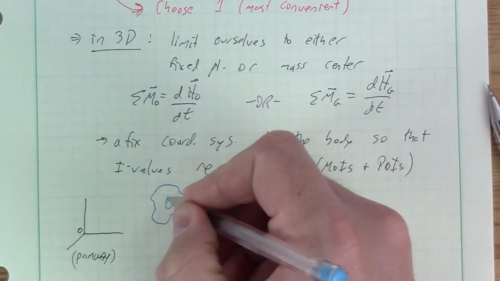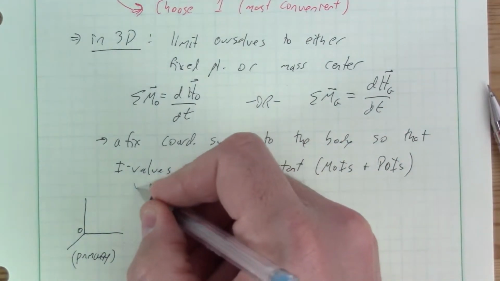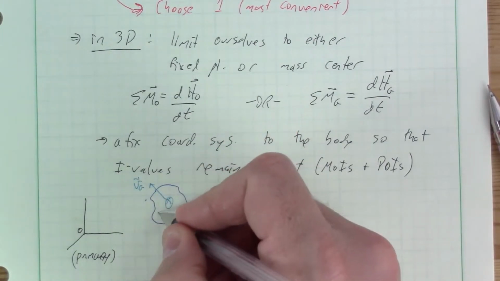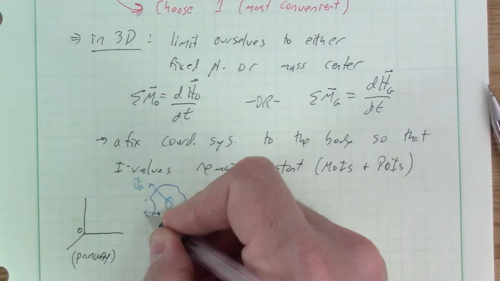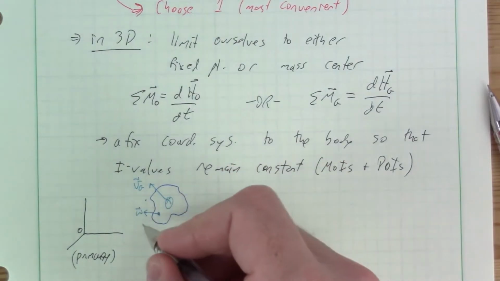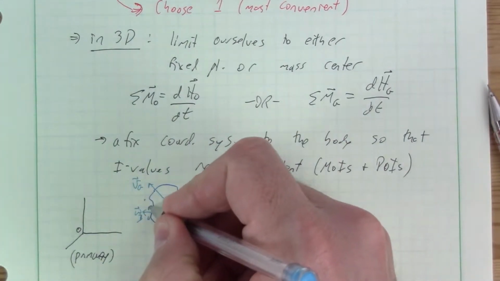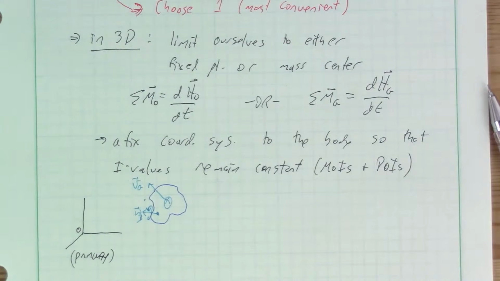Okay, so the center of mass, perhaps it has a translational velocity, and then it's rotating maybe about that point. That's our omega value of the body. Okay, so we got rotation, and it's kind of rotating about that point that way. Whatever it is, I'm just trying to represent general motion.